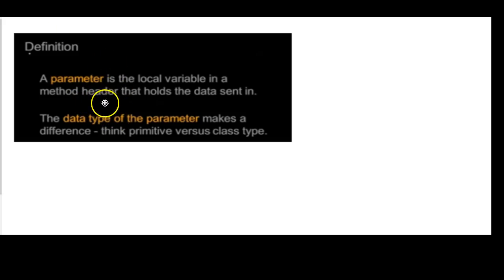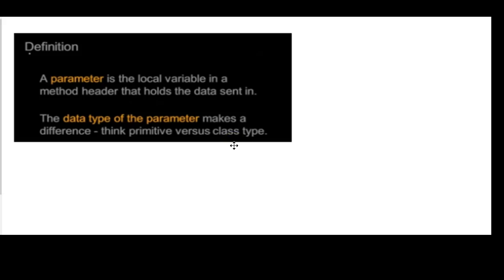A parameter is the local variable in a method header that holds the data that's sent in. Let me say it again. A parameter is the local variable in a method header that holds the data sent in. The data type of the parameter makes a difference. Think primitive versus class type.